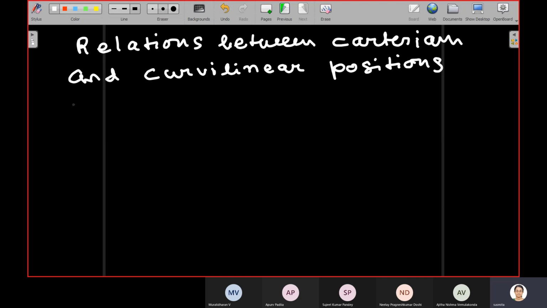So basically, given ECF XYZ coordinates, we want to find lat, long and height, or given lat, long and height, we want to find ECF XYZ coordinates. This is what we want to do. Okay.